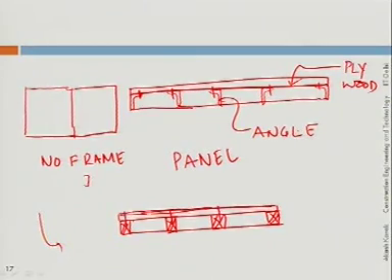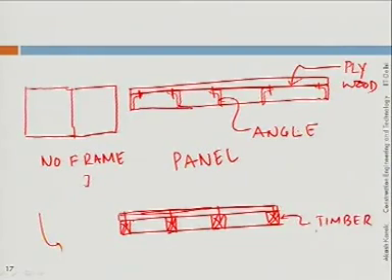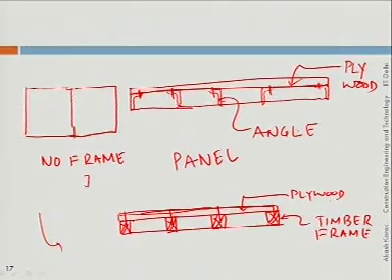So, here the nails are there. This is the timber frame, and you have this plywood. Have you seen this arrangement, technology class? Are these sketches clear to you?